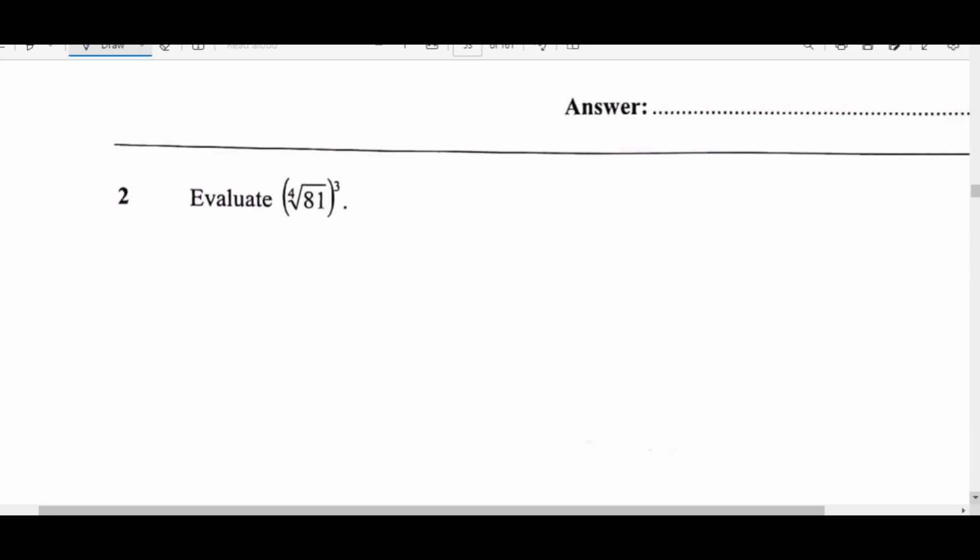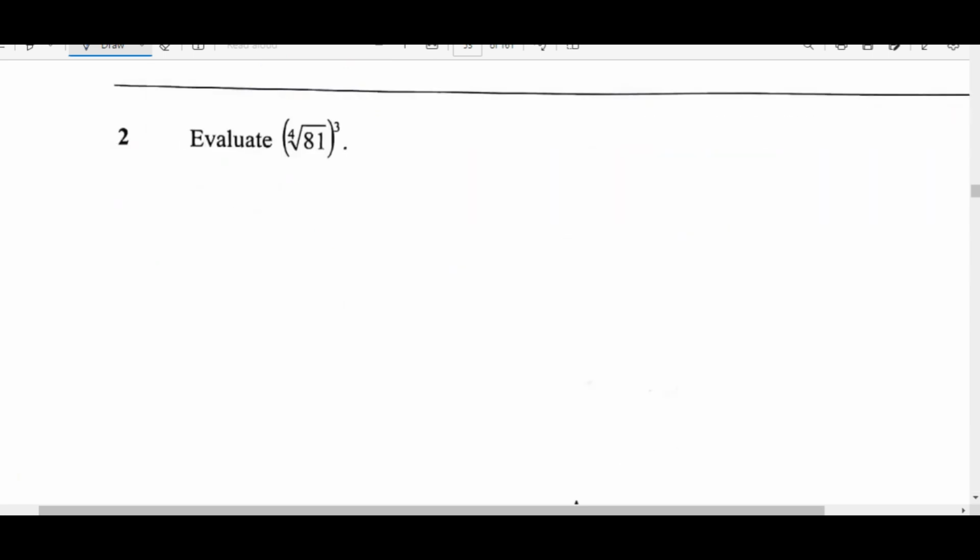So the other one is evaluate. So meaning that when you're given a question like this, always this will guide you. So in this case, this number here is telling us you have to find a number that will multiply itself 4 times to give us 81. So what number is that?